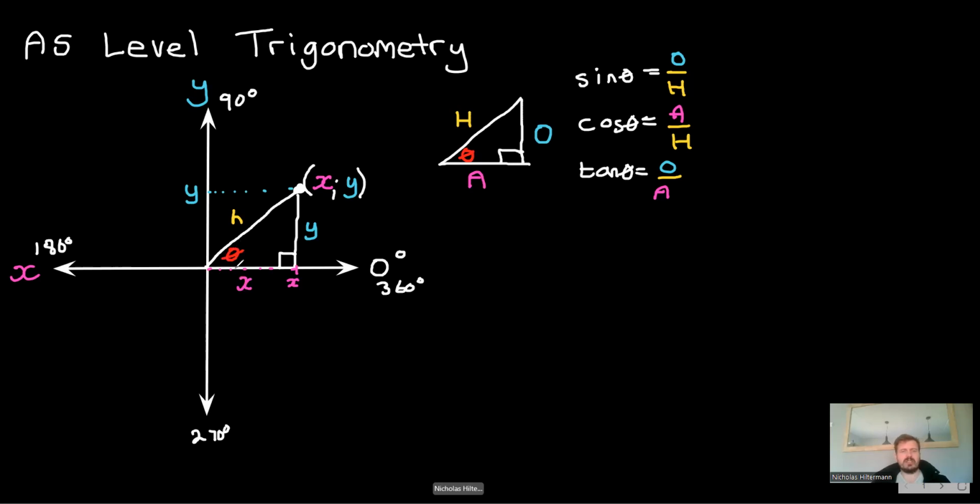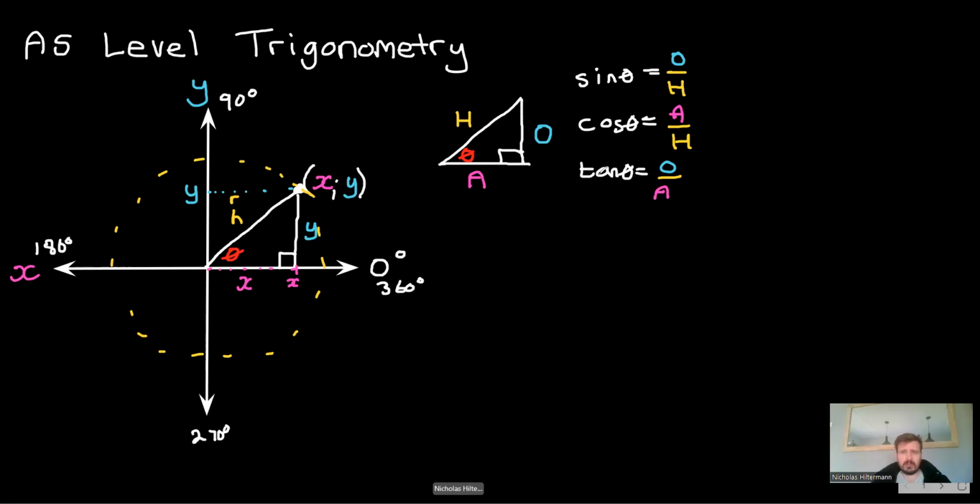So what we notice is that our opposite side is y, and our adjacent side is x. And our hypotenuse is h, sometimes called r, because it's a radius as well. Like if we were to think of this being a circle, then this would be a radius here. So sometimes you'll also see r instead of h.